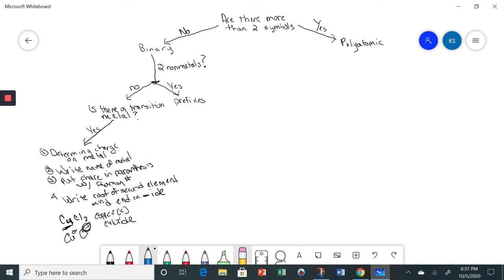Going down the other one: is there a transition metal? No. Okay, so then it becomes easier. Write the name of the metal, write the root of the second element, and then end it in IDE.